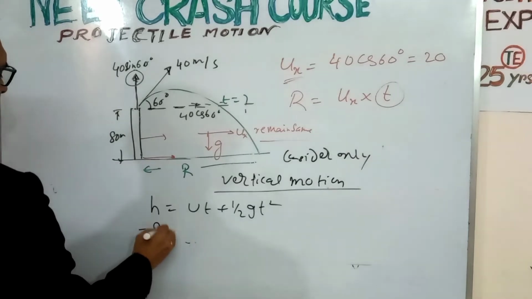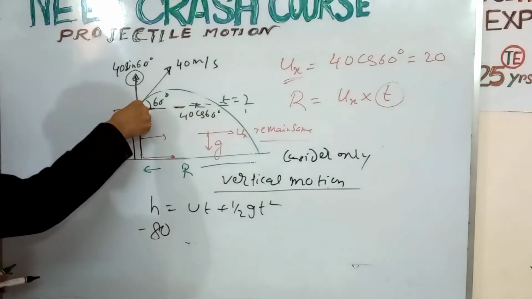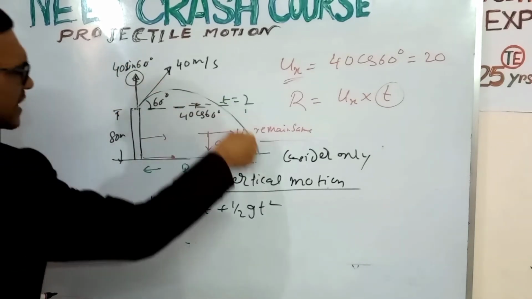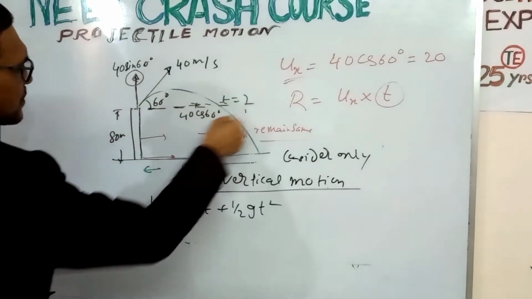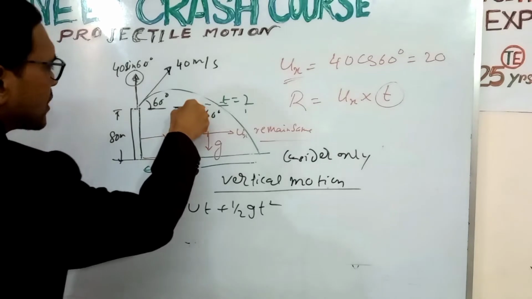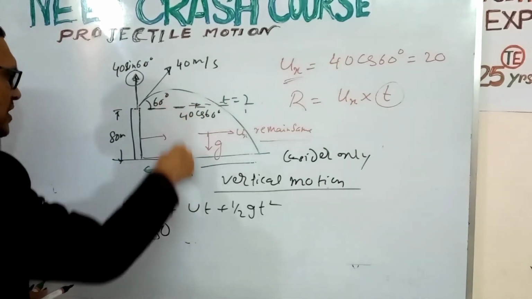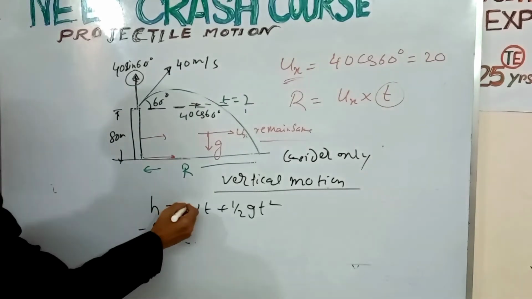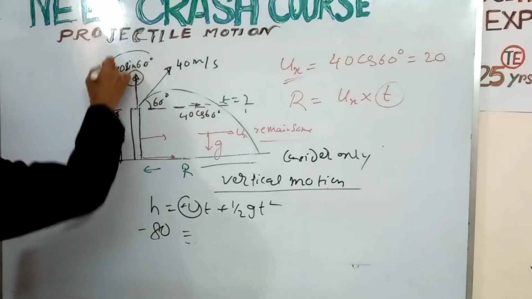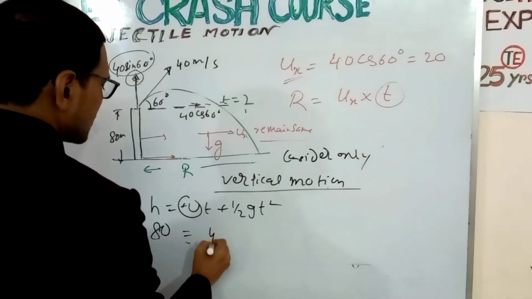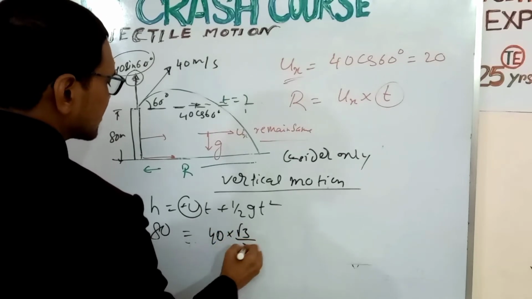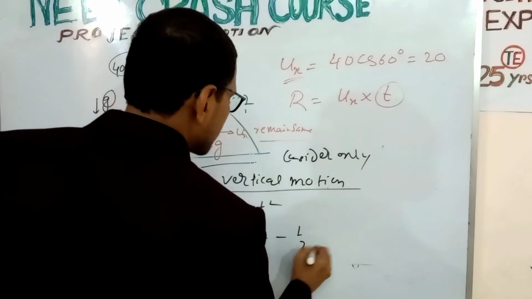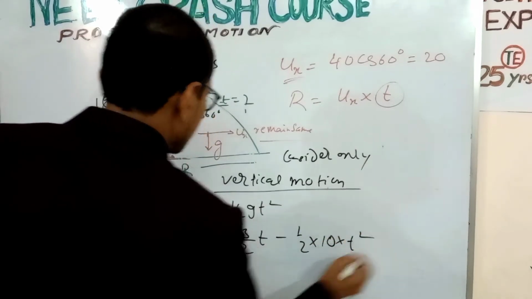So h equal to minus 80, that is the net displacement of the particle along vertical direction. Body is projected here, but the body will reach at h. So the displacement along vertical direction is only this, that is minus 80, downward direction. And initial velocity, what is initial velocity? Direction is upward, so this is 40 sin 60 degree t, and g always take as negative, so minus half into 10 t square.